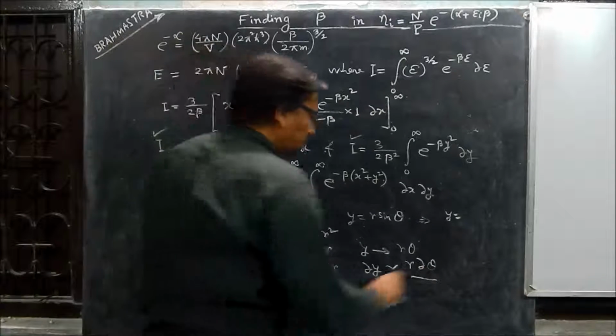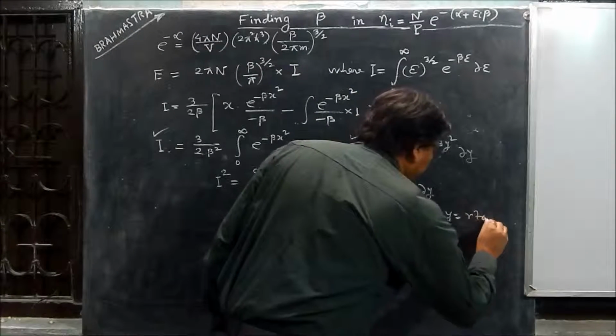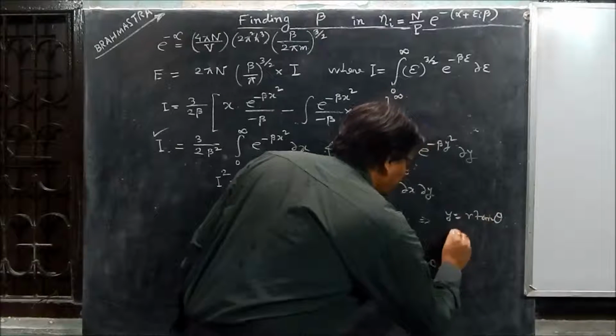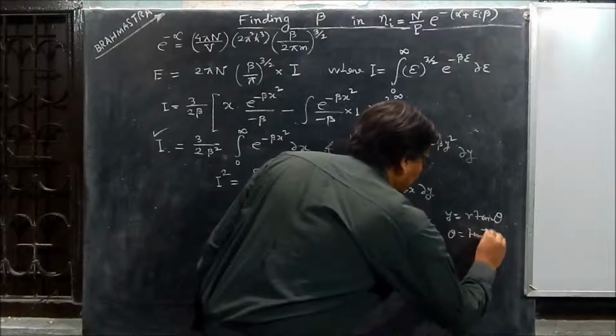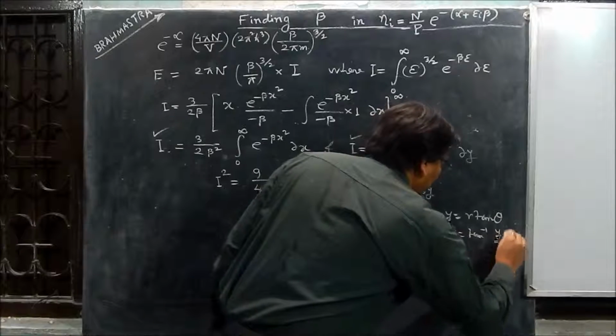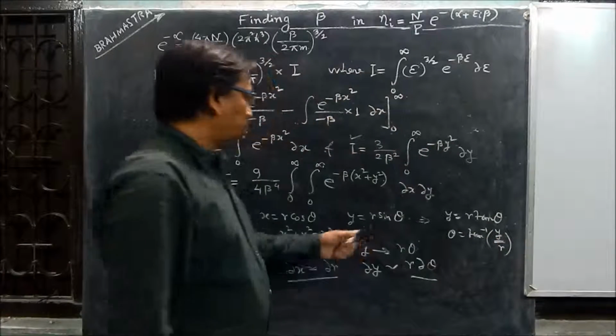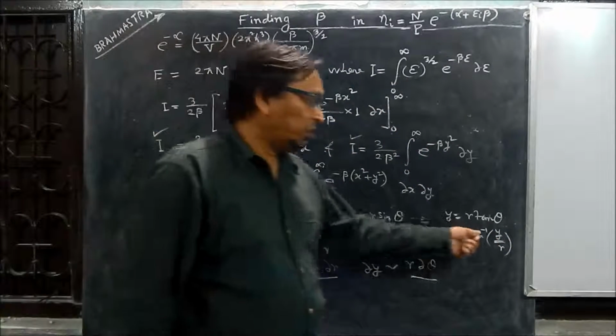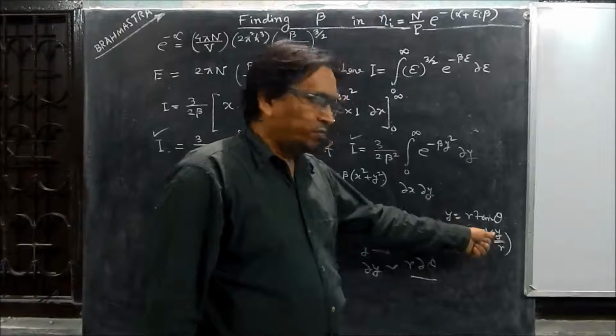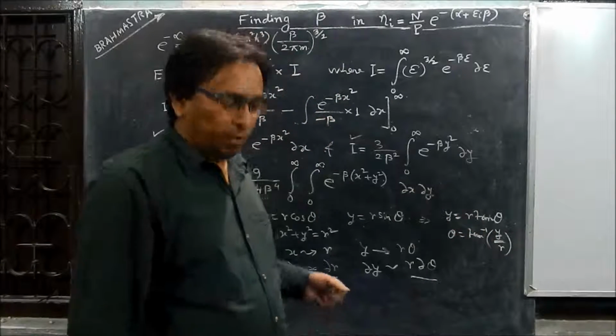So if we take y equal to r tan theta, then theta will be equal to tan inverse y by r. So y goes from 0 to infinity; for 0, theta will be 0, and for infinity, theta will be pi by 2.